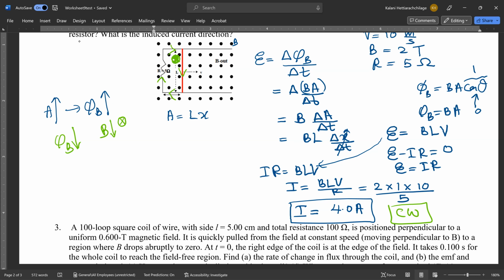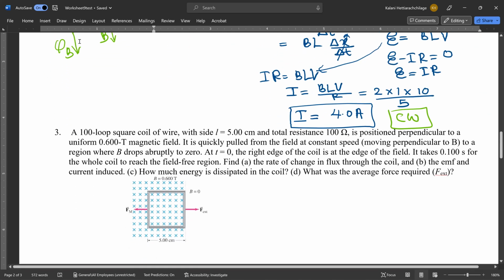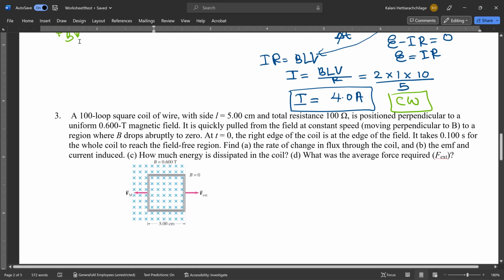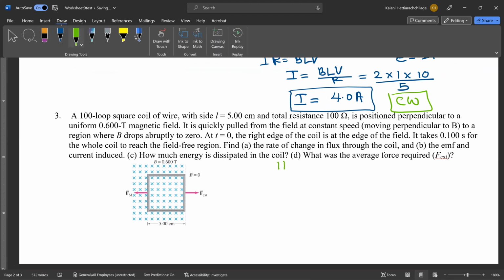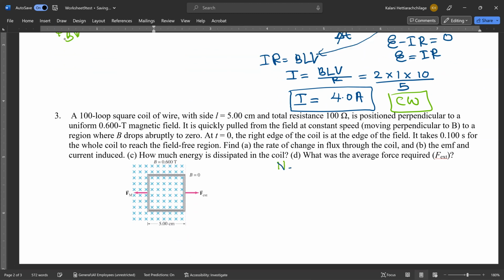Okay, so now let's move into our next question, a little more about the same thing, the motional EMF. Okay, so now in this question, we have number of loops. Oh, change the color. N equals 100 loops, and we have L, you see the L distance is given, this length, right?